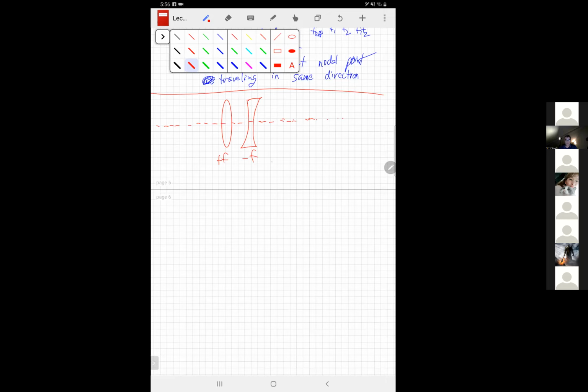They don't have any field curvature, which means that if we send in rays, whatever those rays do, the focal plane on the other side will be a plane. If we didn't correct for it, this could be your focal plane.